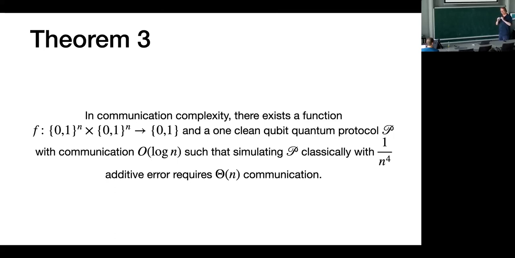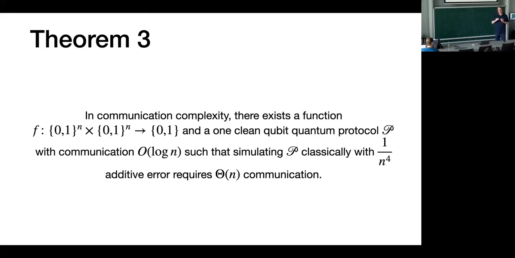It's actually going to be a pretty small number, but still associated to this function. And simulating this protocol with 1 over n to the 4th additive error requires theta of n communication.